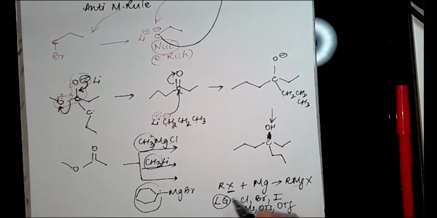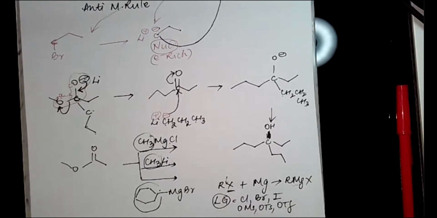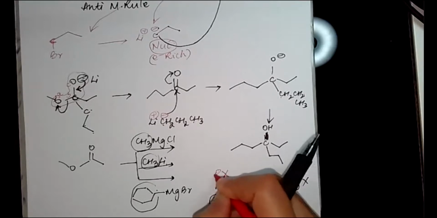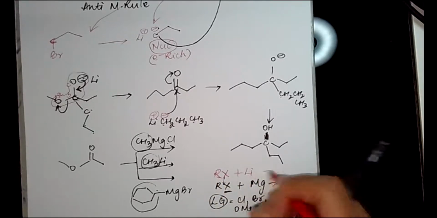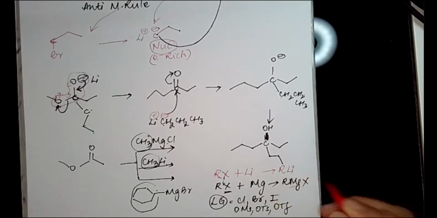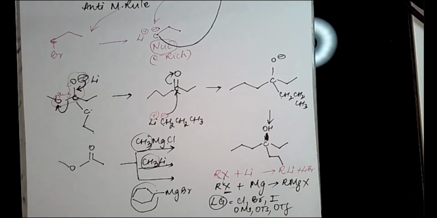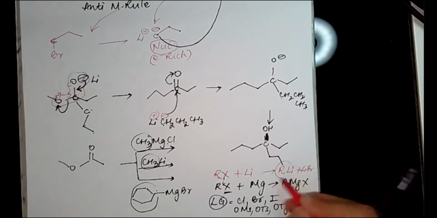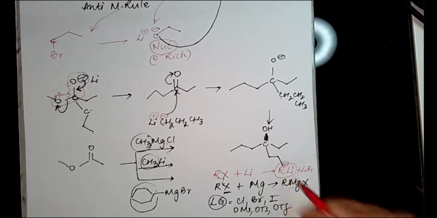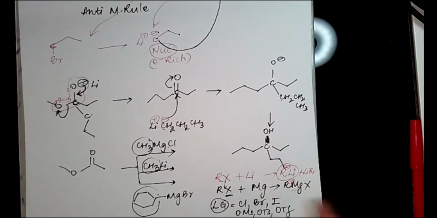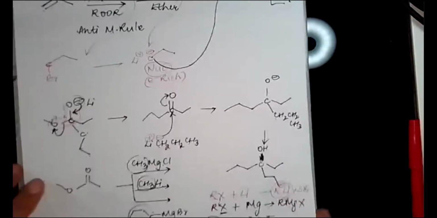So the magnesium just gets inserted between R and X. On the other hand, if you have R and X with lithium, then you get a lithiated product and you don't have to worry about the bromine. It becomes lithium bromide. But this right here is your Grignard reagent, the strong nucleophile. Any carbon negative is going to be a very, very strong nucleophile.